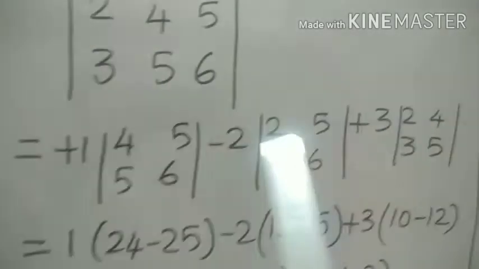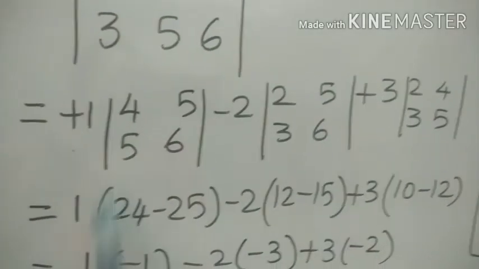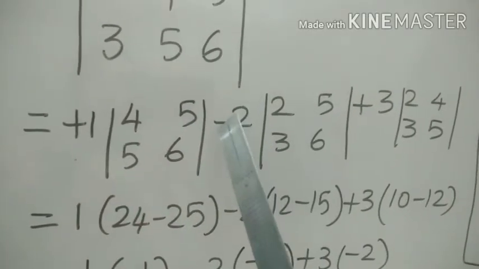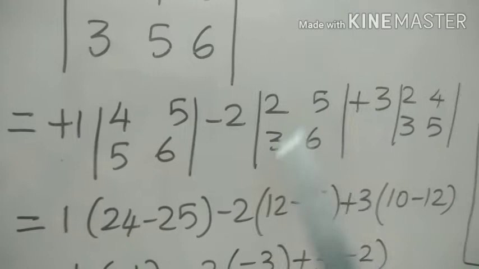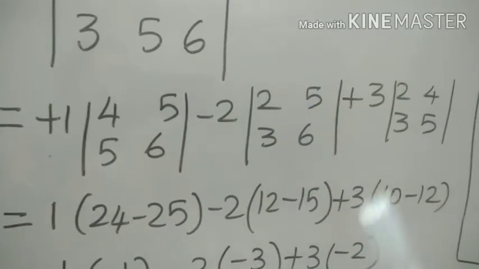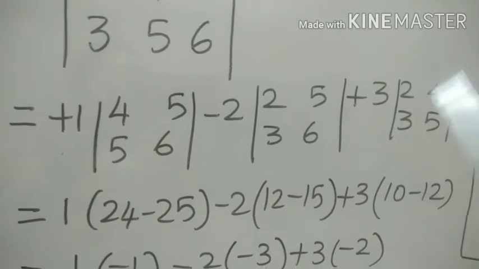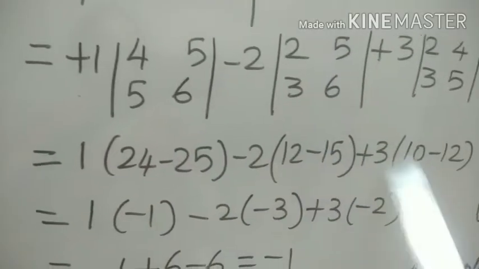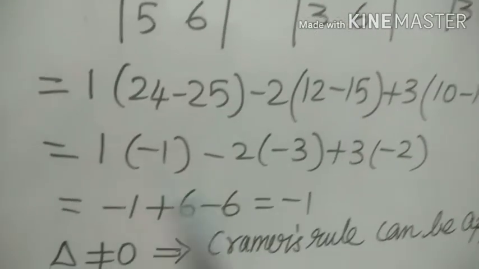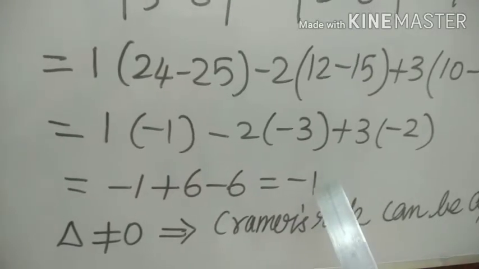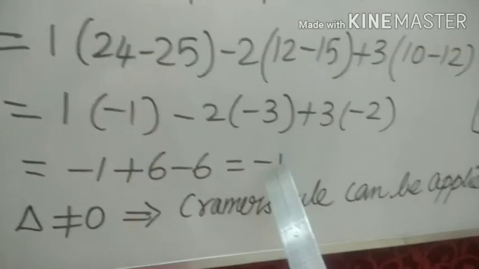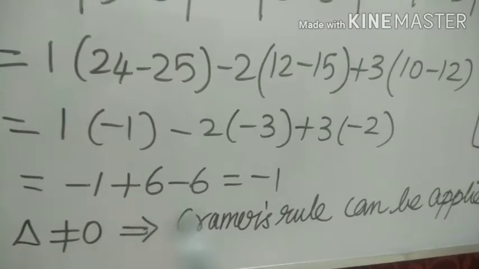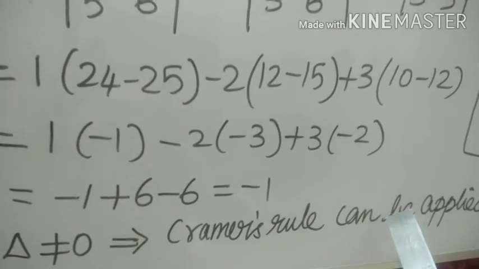And we all know how to expand this. 1 into 24 minus 25, minus 2 into 12 minus 15, plus 3 into 10 minus 12. And we simplify the bracketed terms. Then we multiply and we arrive at the answer. Now as I get the answer, immediately write del not equal to 0 means Cramer's rule can be applied.